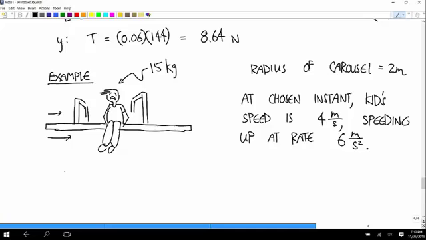So let's calculate the acceleration. What's the kid's acceleration vector?